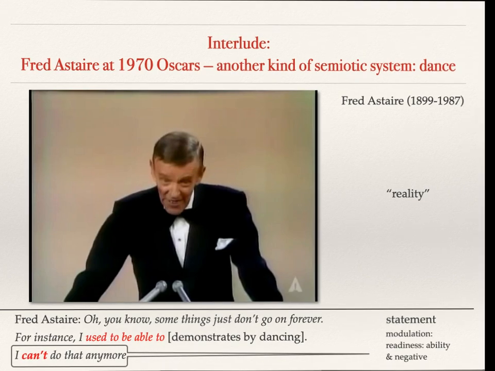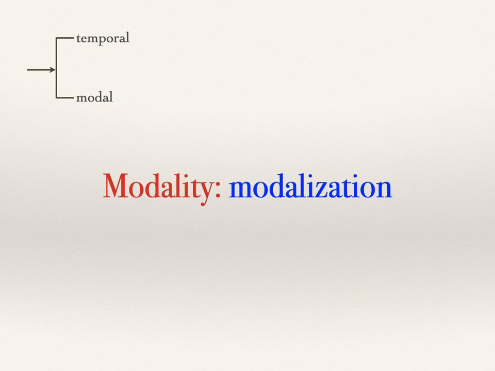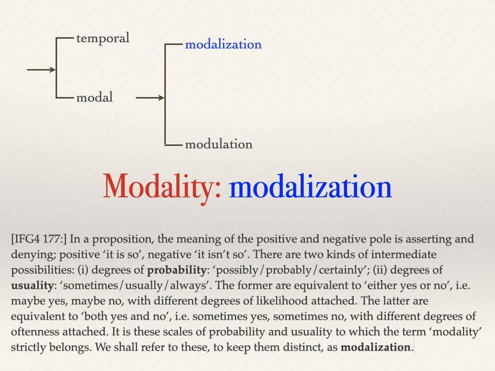Right. Let's now go on to the other major type of modality. So we've looked at modality of the proposal kind, obligation, readiness, and we now look at the other kind, modalization, which, as you remember, is modality of propositions, of the assessment of the validity of propositions. A bit of a recap here from IFG.